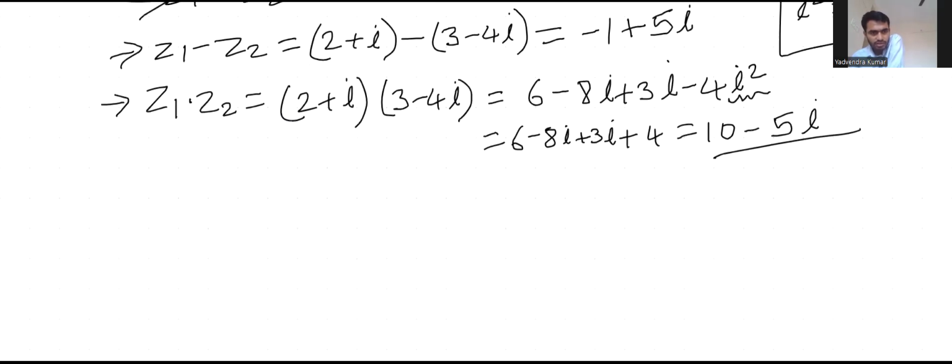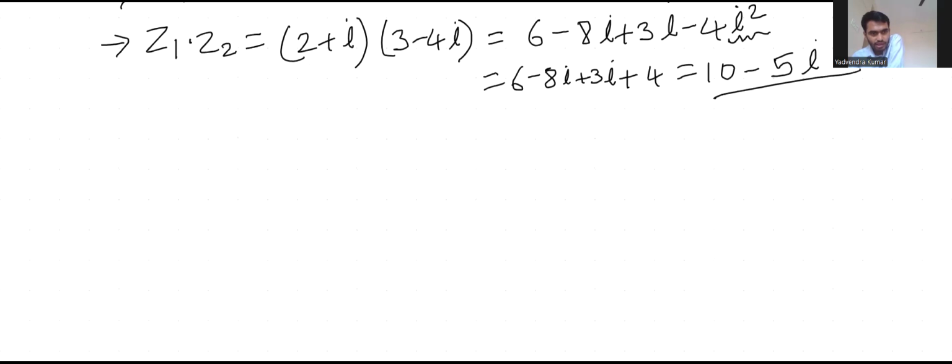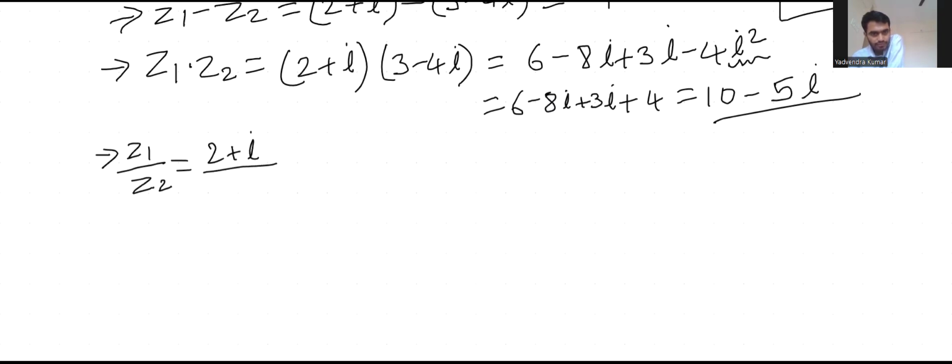Similarly, we will have the division result, z1 upon z2. So z1 upon z2 is going to be 2 plus iota divided by 3 minus 4 iota. So multiply this by 3 plus 4 iota and divide this by 3 plus 4 iota.